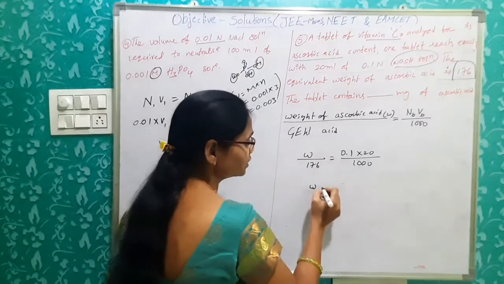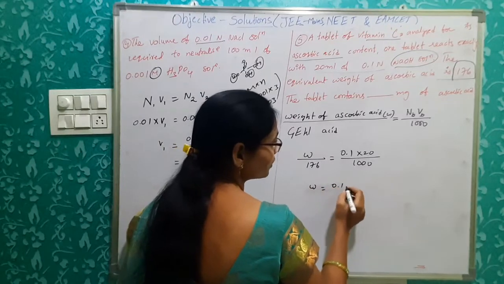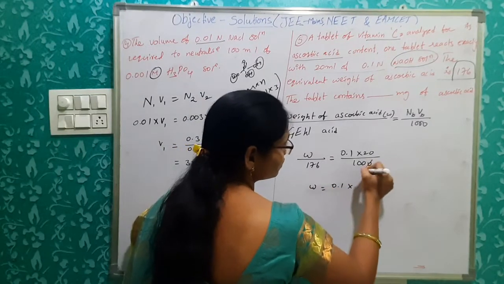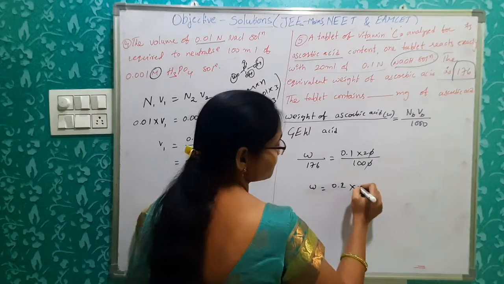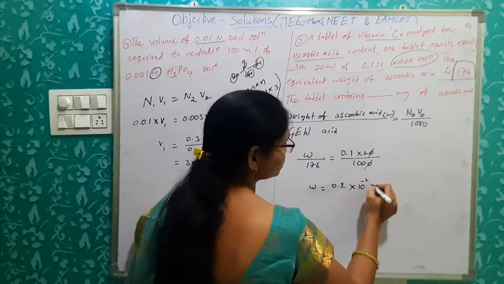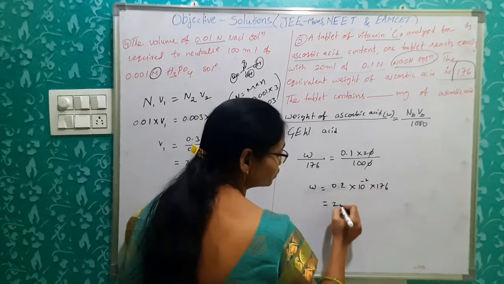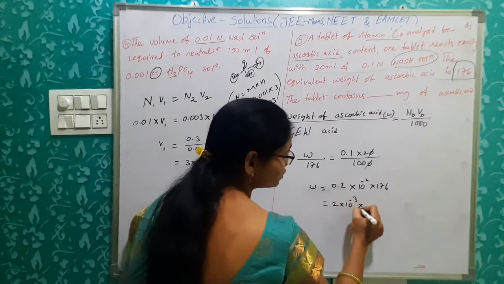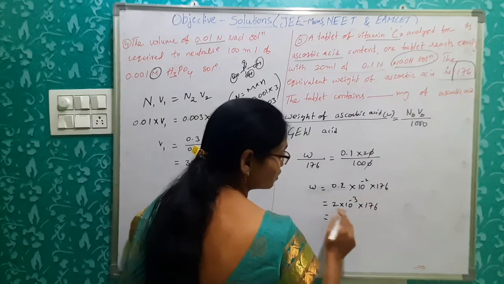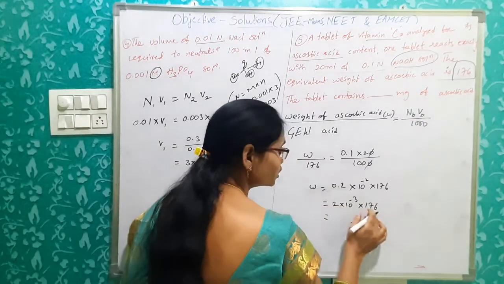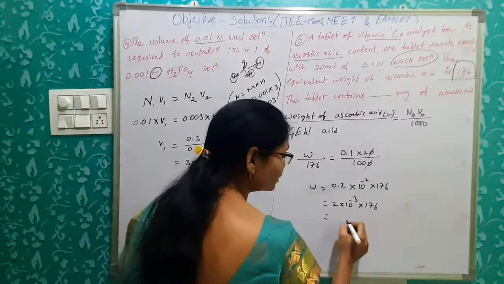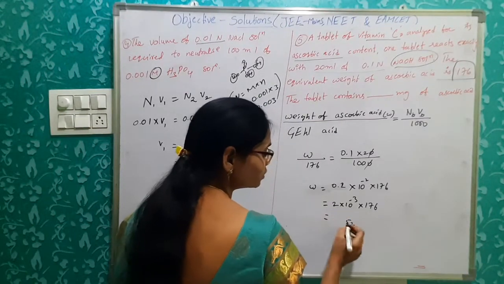By simplifying this, 0.1, 0 cancels, 2 means 0.2 only, 10 power minus 2, into 176. 2 into 10 power minus 3 into 176. 2 6 12, 7 14, 15, 2 1 2, 3.